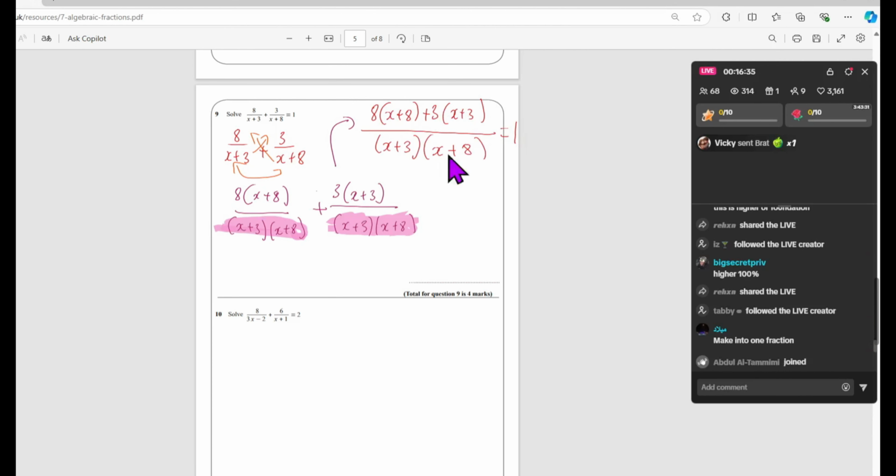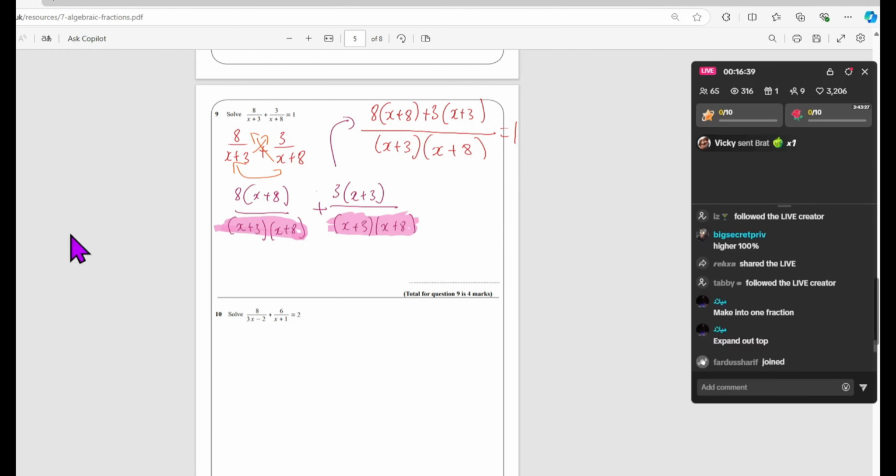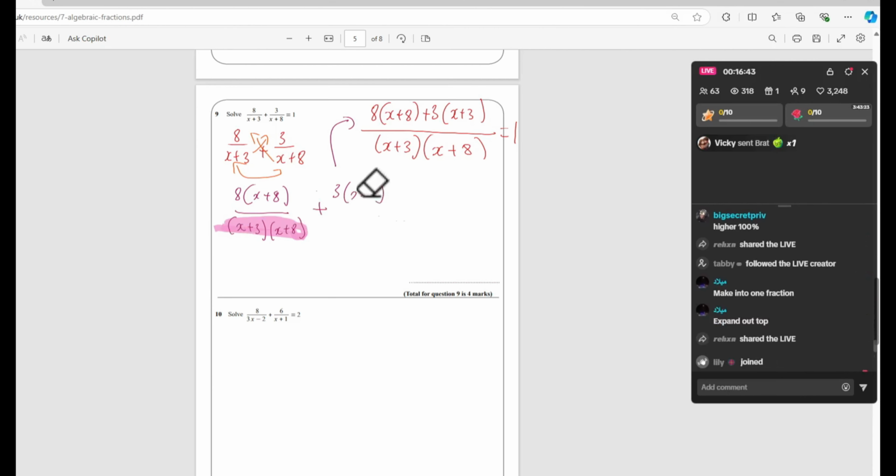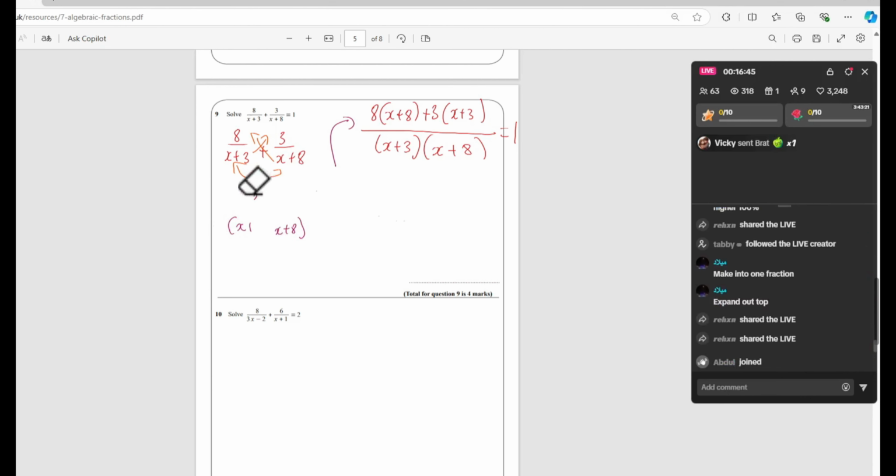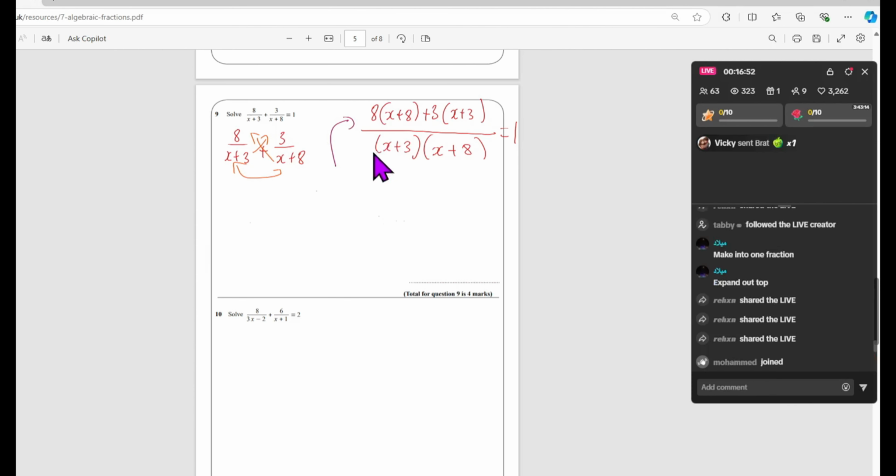Now we want to get rid of this denominator we do not want. We're going to expand it out later. First of all, we want to get rid of the denominator.